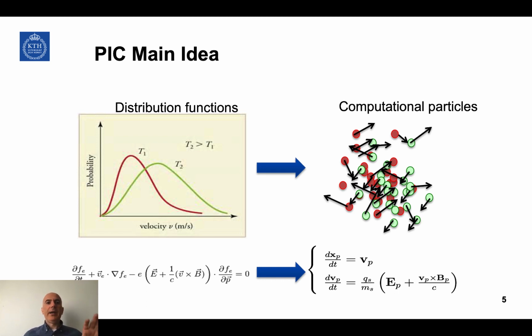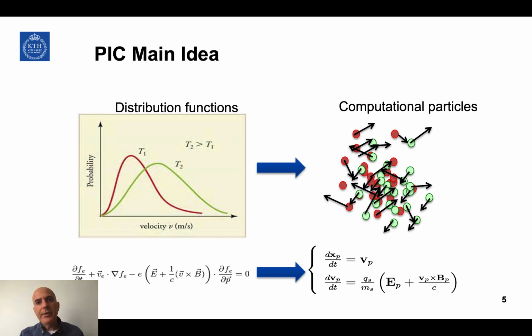So after we have this representation of our distribution function as particles, instead of solving the Vlasov equation, we can follow the trajectory of the particles in time. At any time, we can go back from the representation of the particles to the representation using the distribution function. This is the most important concept that you need to understand about particle in cell.